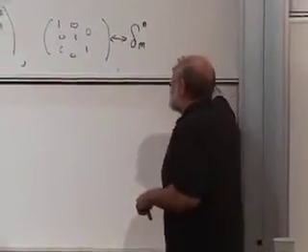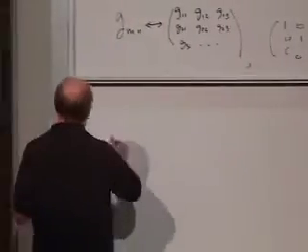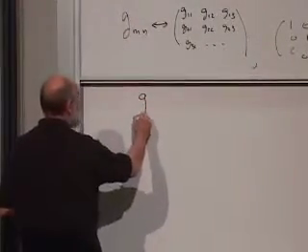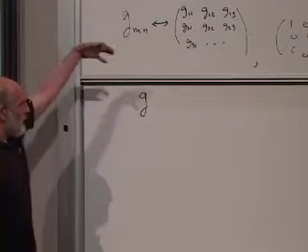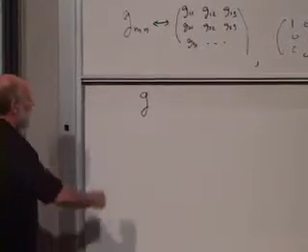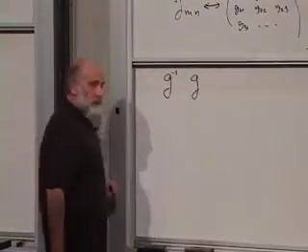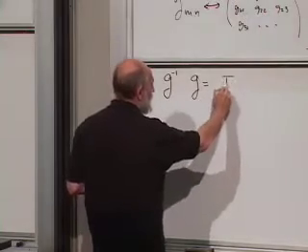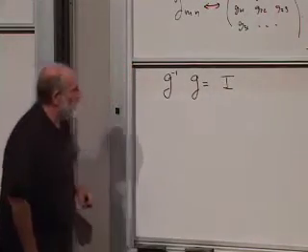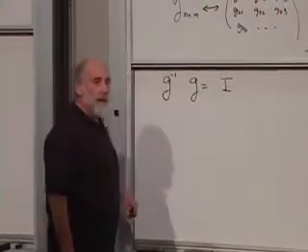Now, to say that there's another matrix, let's just call this matrix G. Let's not indicate any indices at all, and just think of it as a matrix. There's another matrix, which is the inverse matrix, and the product of the two matrices is the unit matrix.